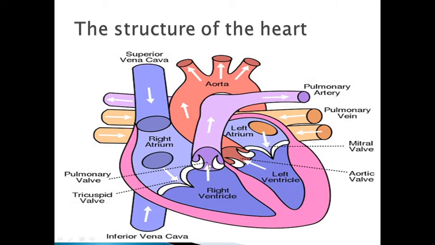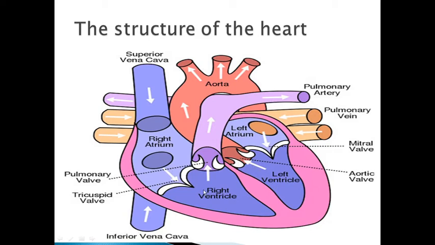Okay, here you have the semilunar valves. These are the semilunar valves, these 2 valves here. Their location is at the connection of the heart with both the aorta and the pulmonary artery. This is the aorta and this is the pulmonary artery. So these are called the semilunar valves.